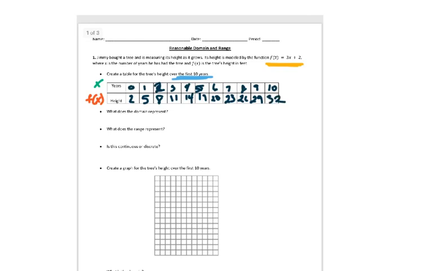Okay, so I took my x values, I plugged them in for x, and then I got my y values.